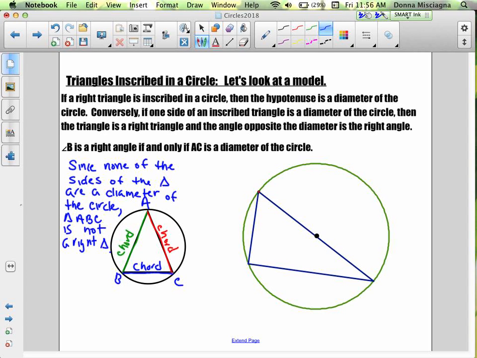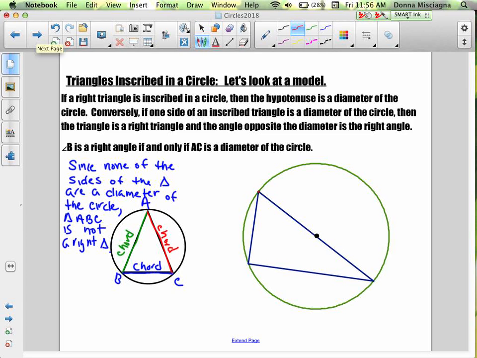Right, so if you had any confusion about triangle ABC being a right triangle, this eliminates it because none of those are diameters, those are chords. And although the diameter is a type of chord, those chords are not diameters.